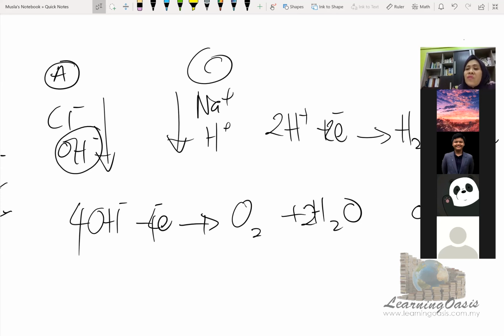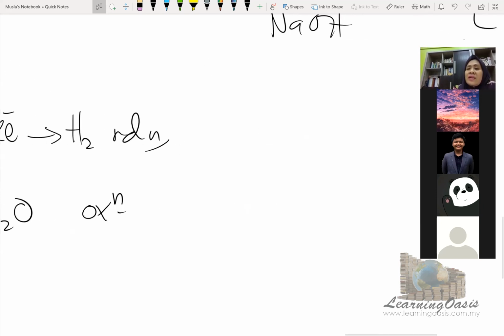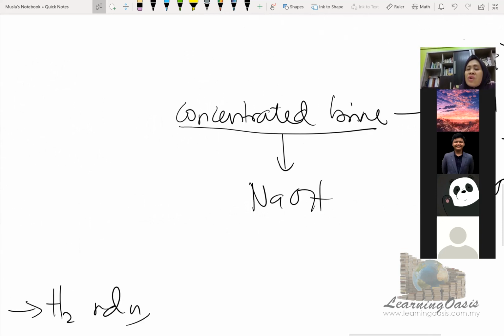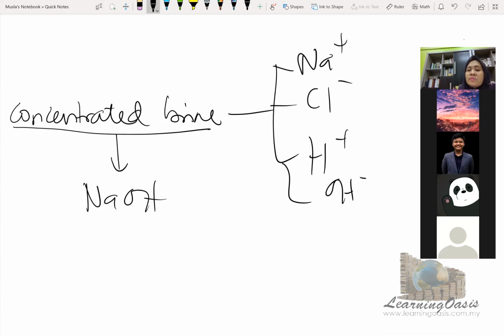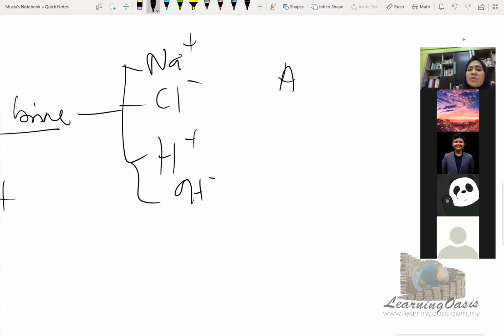But now what if you have concentrated brine? So if you have concentrated brine, you have sodium ion, chloride ion, hydrogen ion, and hydroxide ion. But now this time it's concentrated. So what goes to your anode? What goes to your anode is OH minus and Cl minus.